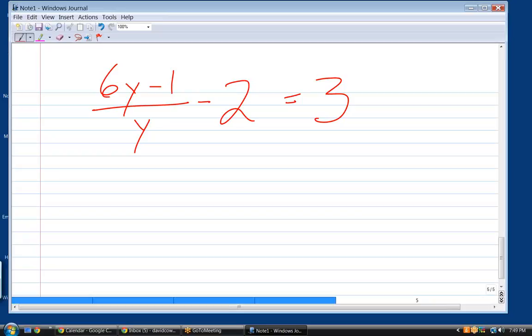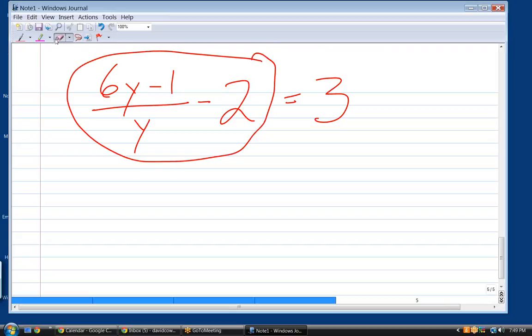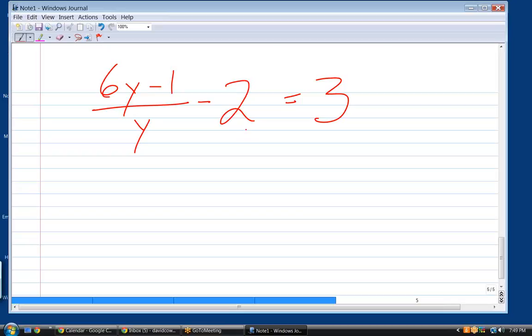We could do that. In other words, I could get a common denominator and carry out that process. But watch how much easier it is if I add 2 to both sides first. Okay. Turns that 3 into a 5 and gets rid of that 2. Now I don't have to worry about common denominators.